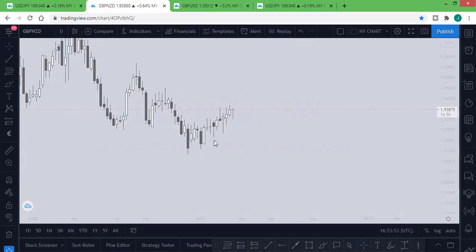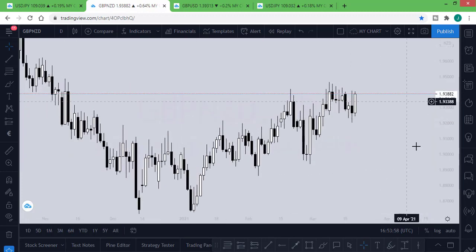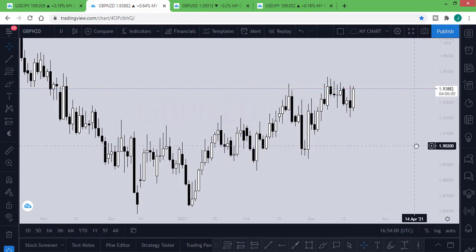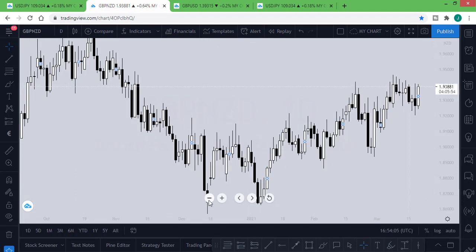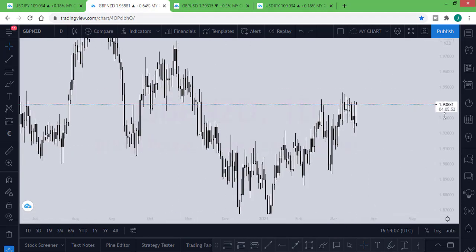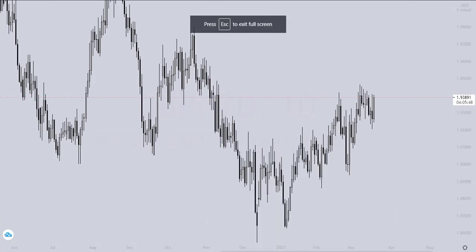Let me see if daily is clean. Okay. The daily structure is very clear. Now on the weekly structure, we already know this is our range.